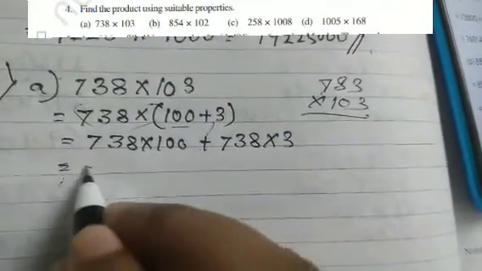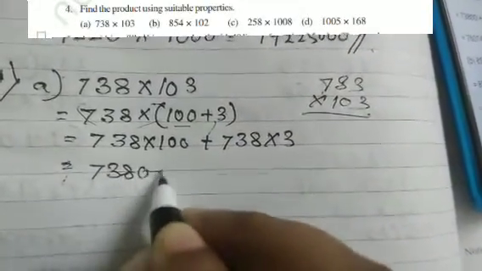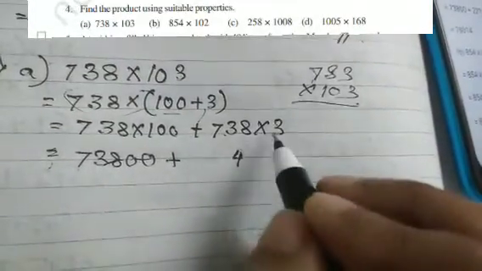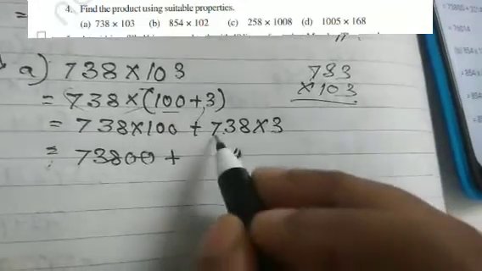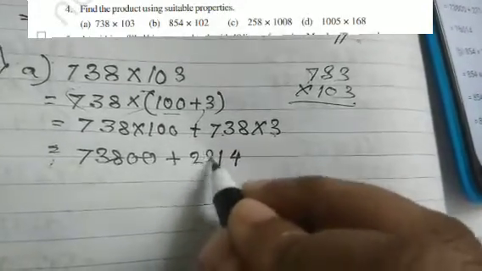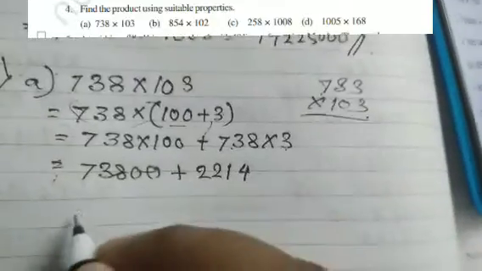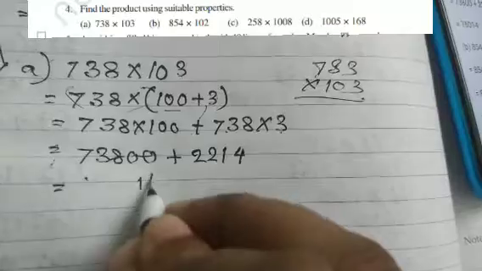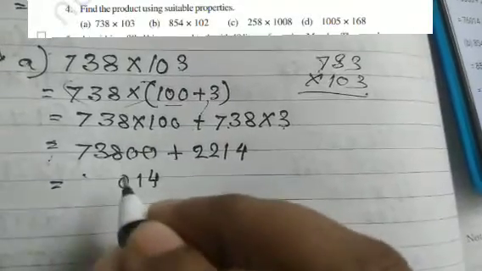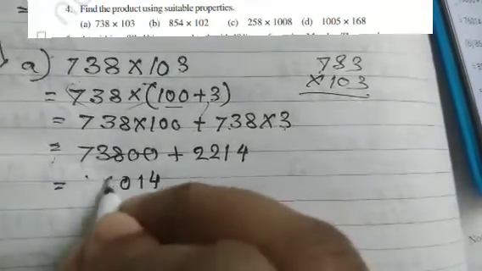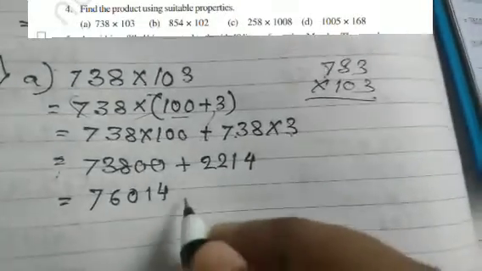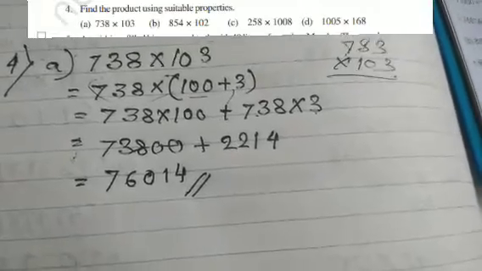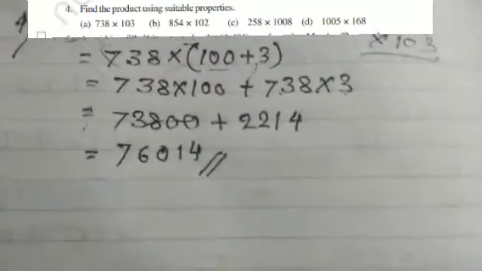So 738 into 100, I need not do anything. And here 8 3s are 24, 2, 3 3s are 9, 11, 7 3s are 21 plus 1, 22, 2214. If you add it up, how easy it is. So it is much easier, much faster than multiplying in this format.